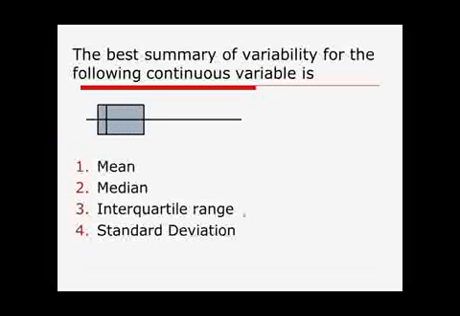What about this picture? The best summary of variability for the following continuous measure would be what? Good. So a lot of you seem to be giving this response. Interquartile range, because this particular box and whisker plot would suggest that there are extreme values on the right side, as indicated by that long tail.